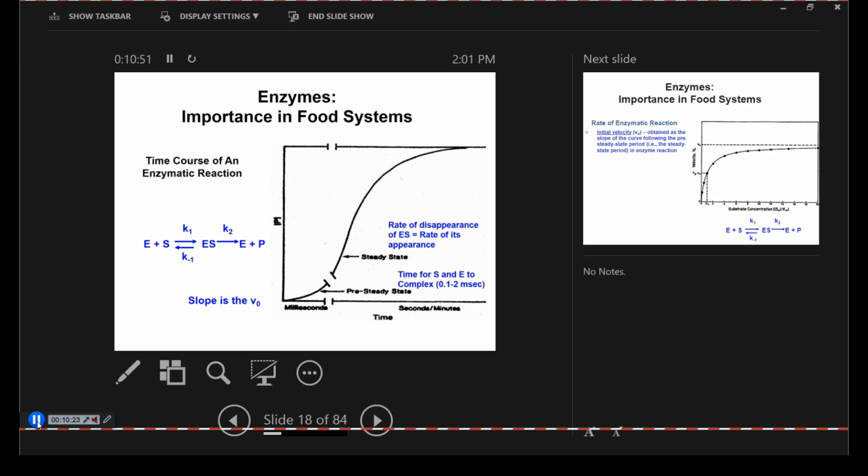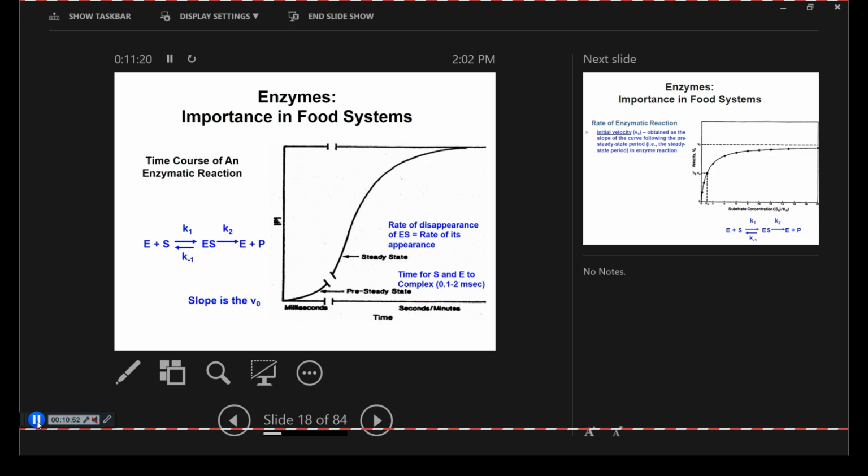This curve starts with the pre-steady state, and this is just the formation of the ES complex. It takes milliseconds to actually start forming, and then you will have E plus S gives you the ES, and the rate constant is K1, and then ES can go forward and produce product, which we measure, and this rate constant is K2, but ES can also go backwards.